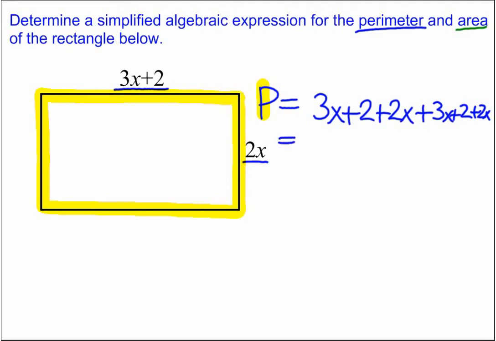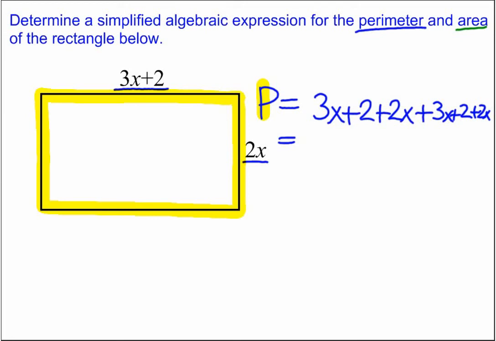Now, we have to determine a simplified algebraic expression. Look at this. We're just adding a bunch of monomials together. And so when you do that, we look for like terms.